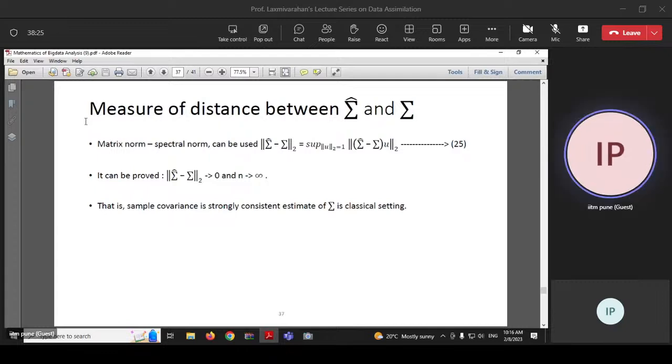If I have a sequence of scalars, how do you test for convergence? The test for convergence in mathematics goes as follows. If I have a sequence x1, x2, xk, and so on, in order to show the limit as k tends to infinity of xk is equal to x star, what is another way of saying it?